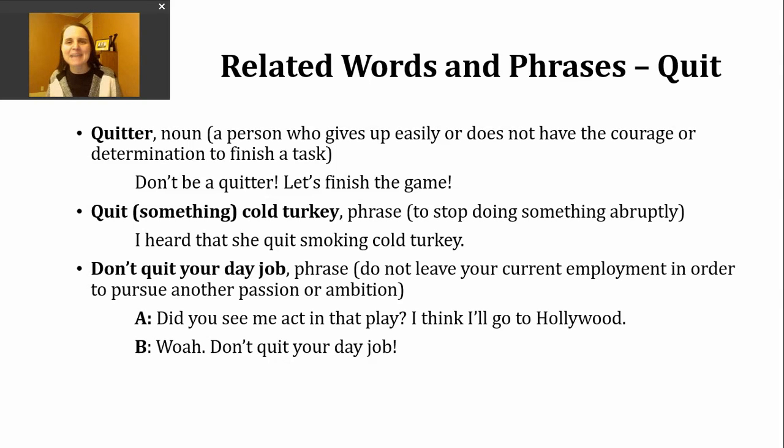So person A might say something like, did you see me act in that play? I think I'll go to Hollywood. I'm going to be an actor. I just know I'm going to be fantastic and I'm going to be successful. Someone else might say, whoa, don't quit your day job, right? So they might think the person isn't really good enough to be in professional movies and TV shows.